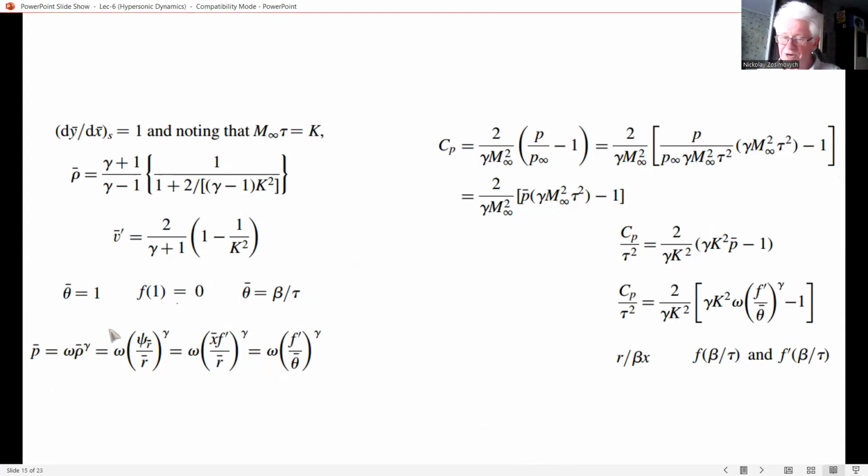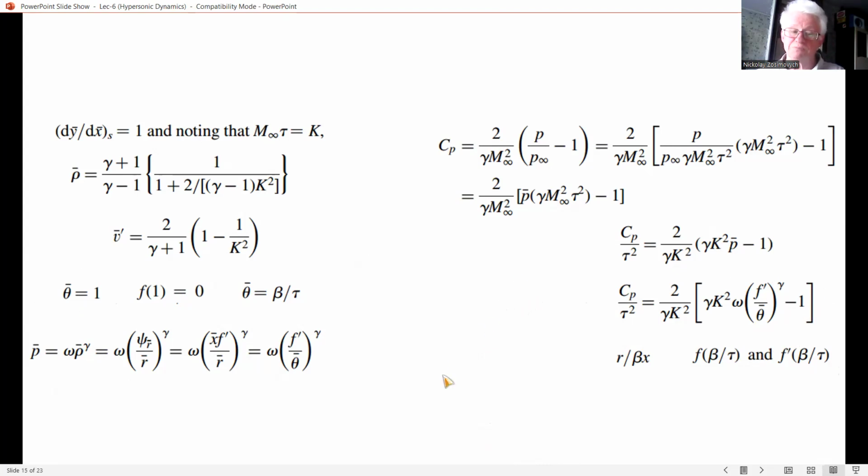Substituting our expression from this one and noting this into the preceding, we can obtain this form of equation, Cp over tau squared. It means the pressure coefficient on the cone surface can be obtained by inserting theta average equal to 1, and the numerically obtained value from F stretch at 1, into this equation.